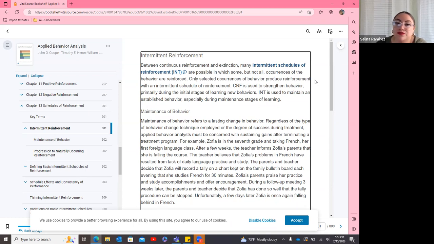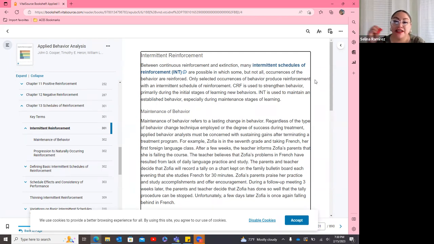So continuous reinforcement is going to be for those little babies, your new learners, or a new skill. I'm going to be providing them reinforcement for every opportunity so that I can strengthen that behavior immediately. And then intermittent is where we're going to start varying it up.